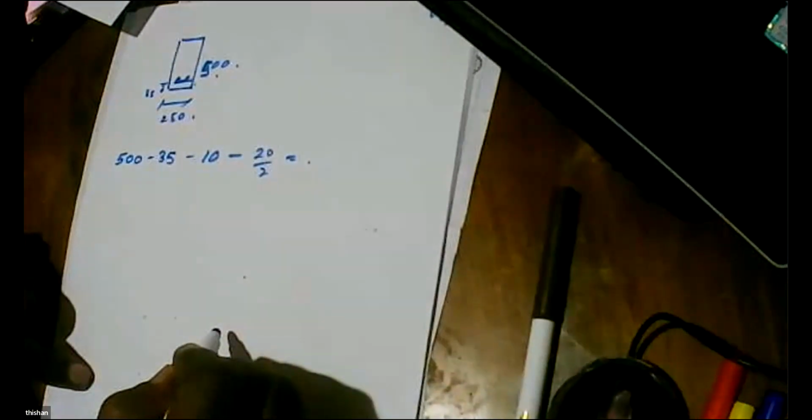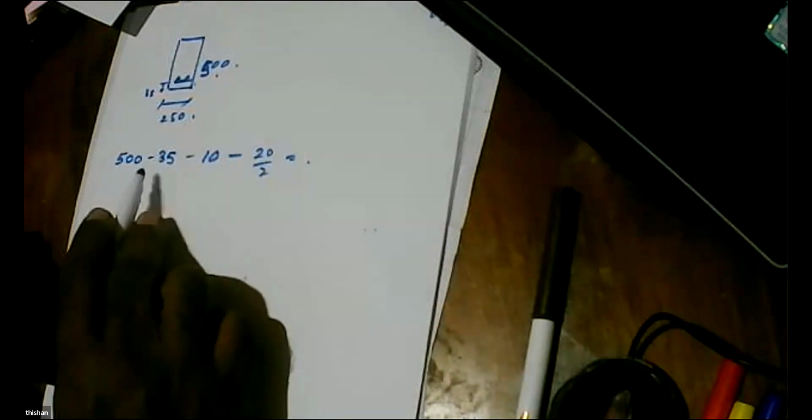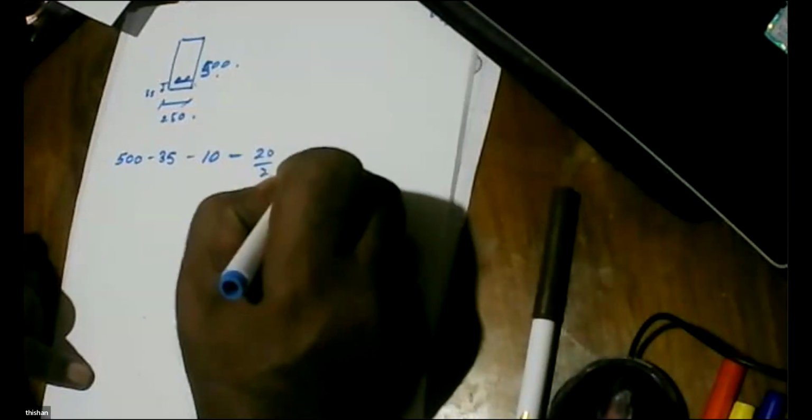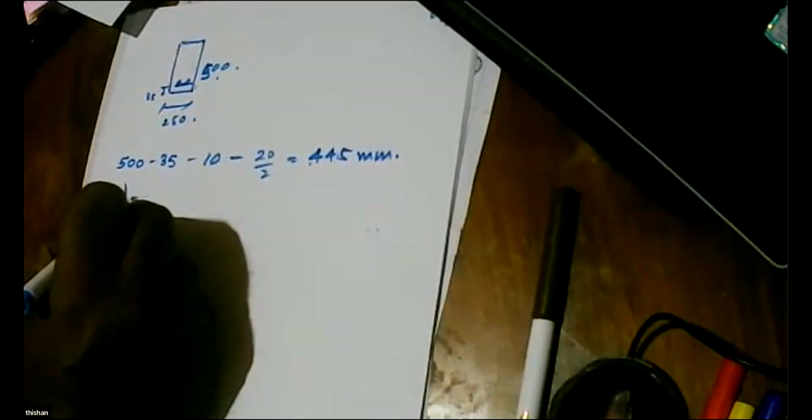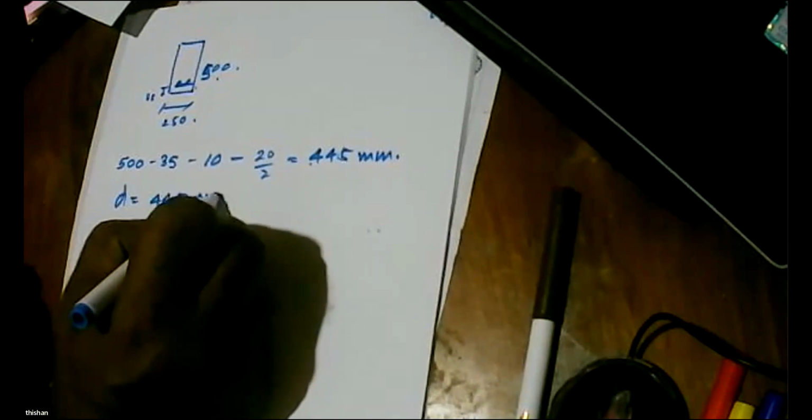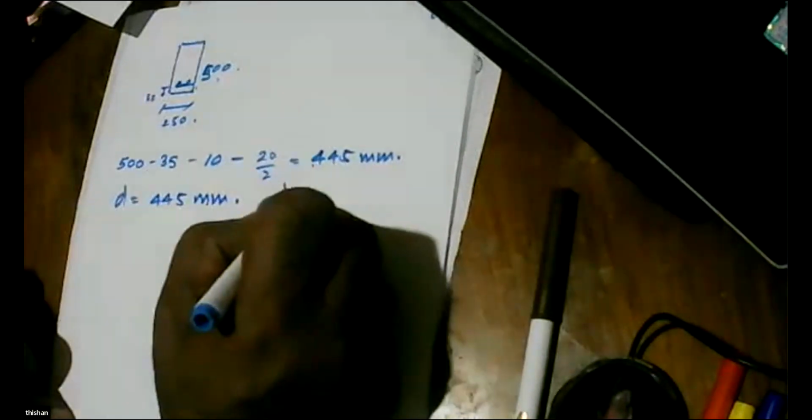So 500 minus 35 minus 10 millimeter links, and then 20 millimeter bars, 20 divided by 2. What is the answer? The answer is 445 millimeters. That is d. Breadth b is 250.